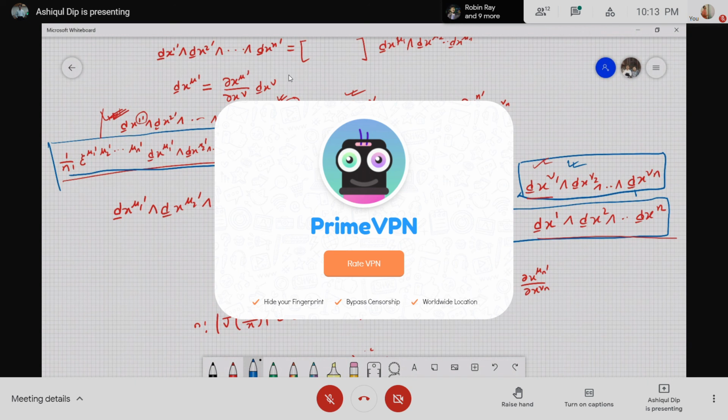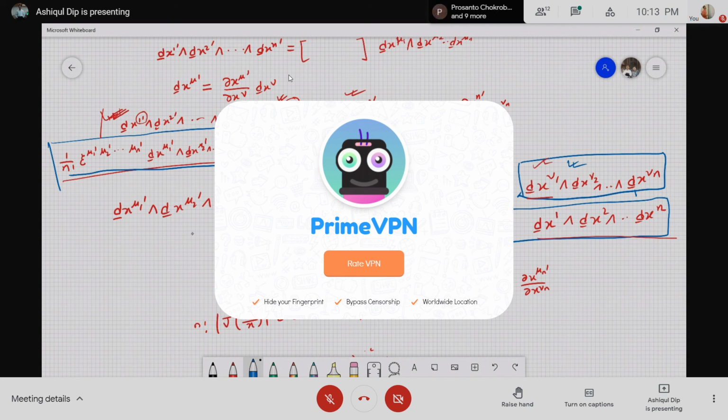Yeah, I think it's correct. Yes. How? We need to multiply a permutation, I mean E, in that relation. Which relation? So dx1 wedge dx2 wedge dxn is equal to 1 by n factorial E mu1 mu2 and so on. We have this type of relation, isn't it?